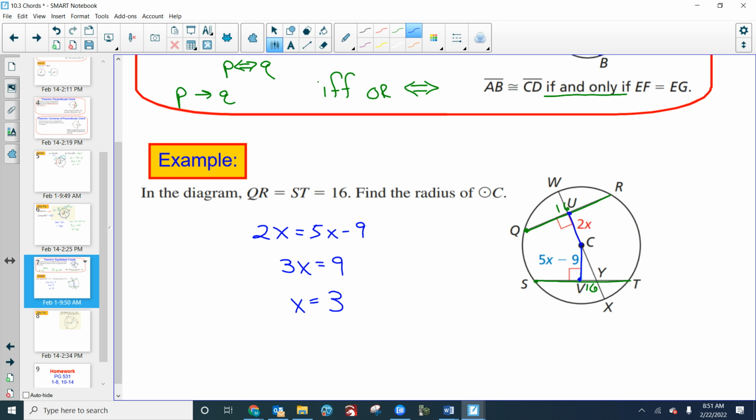Try to figure out how we're going to find the radius of circle C. I'll give you a hint. I see some right angles in this picture. Am I right?